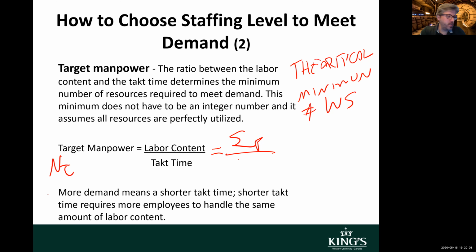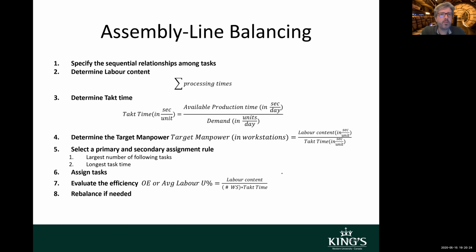Okay. So, sorry. Go back. So this has to do with your demand, right? This follows your demand. So let's think about this a little bit. How do we balance our assembly line? First and foremost, you've got to find each task required to finish your product or your service, right?